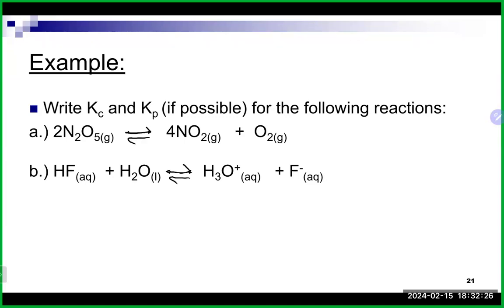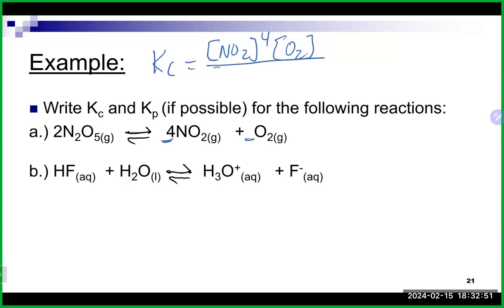So we'll start with the first one here. We can write our Kc. And once again, we're going to do the concentration of our products, which in this case is NO2. We do need to take it to the fourth power because of the coefficient. We would then times it by the concentration of O2. Its coefficient really is 1, so much like in most cases in chemistry, you don't need to put the 1.